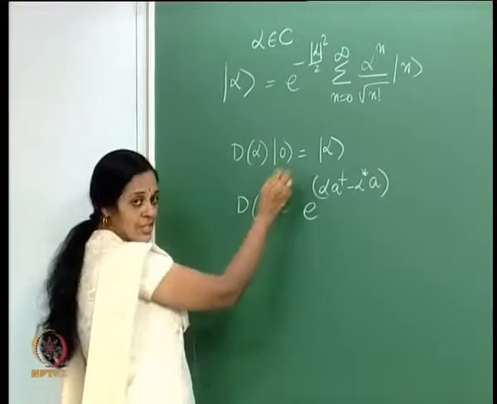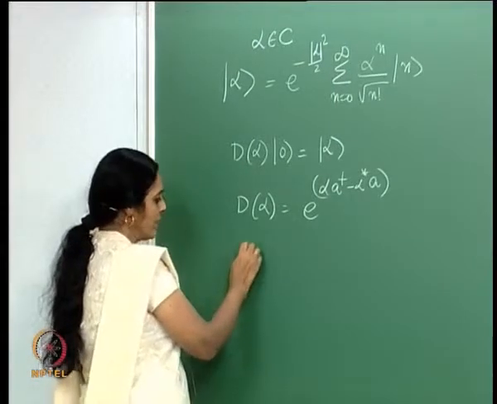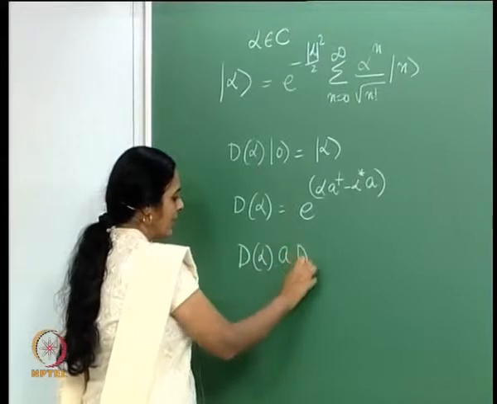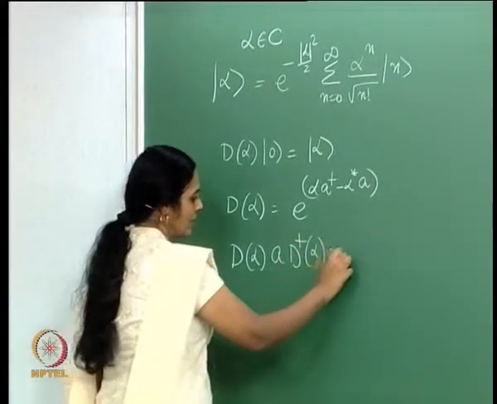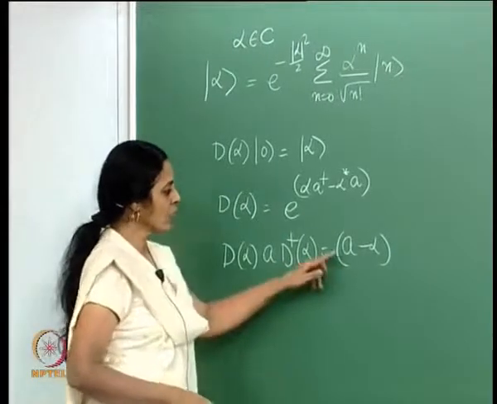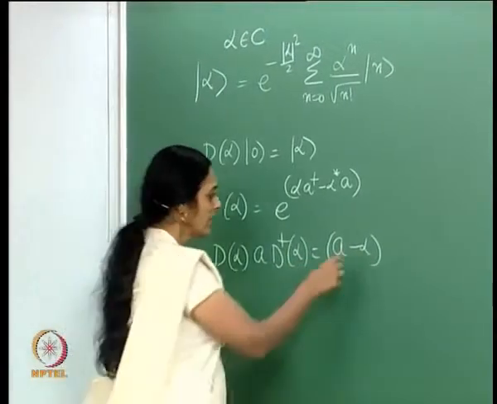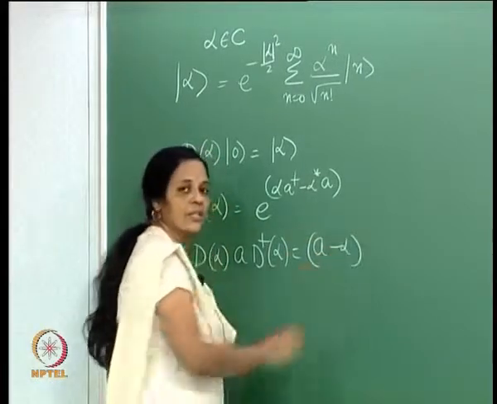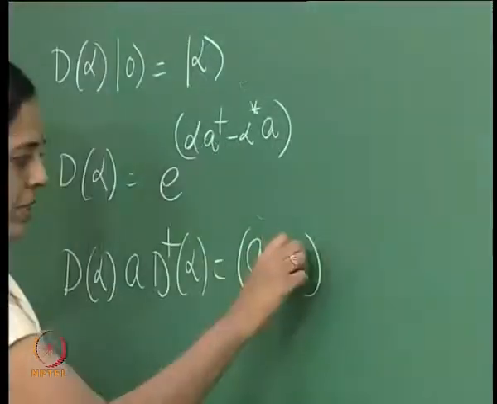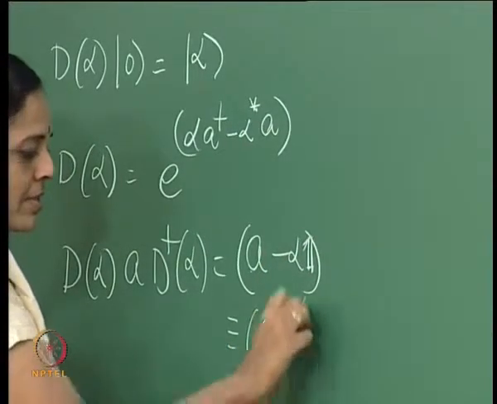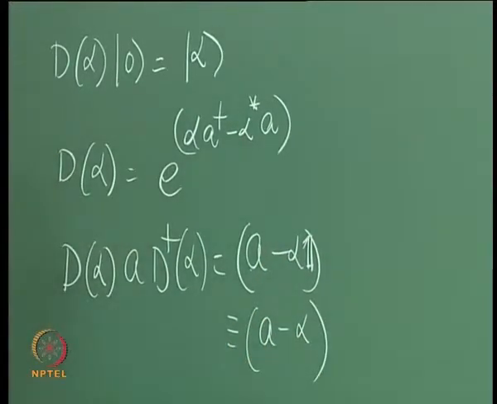While we proved this, I made a statement that D of alpha a D dagger of alpha was simply a shift in a. It just produced a minus alpha. This is to be read as a minus alpha times the identity operator. So really there is an identity operator here, but I am just going to write this as a minus alpha.